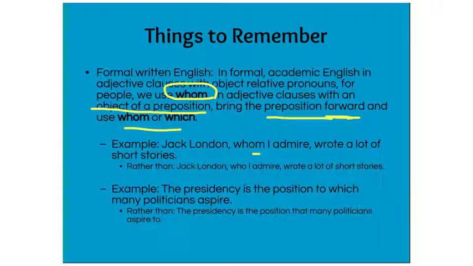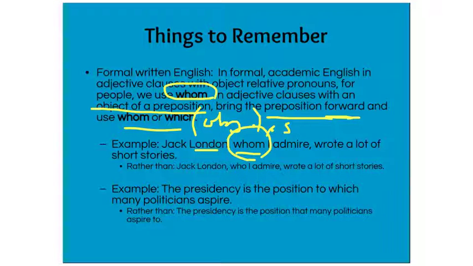Jack London, whom I admire, wrote a lot of short stories. Basically here we're saying I admire Jack London. Jack London is an object, so we are using the object relative pronoun whom. We know it's an object relative pronoun because we still have the subject I here. And it's formal.